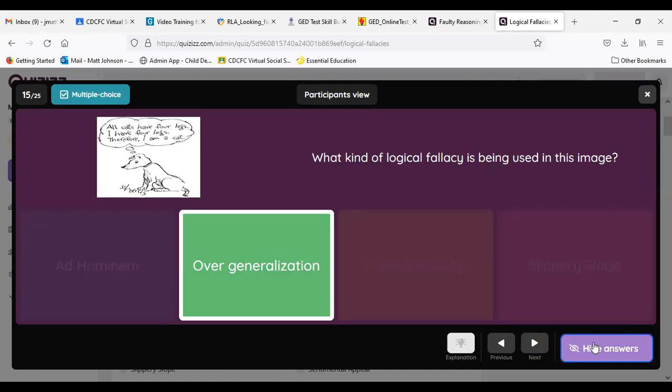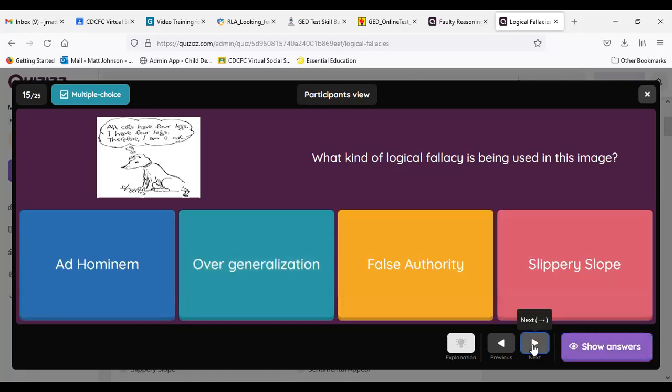Because you could just as easily have been like, if A is true, B is true. That's what I was looking at. I'm like, well, what would be the next best guess there? It's like, okay, well, this little dog's making a generalization because all cats have 4 legs, then every animal with 4 legs must be a cat. So that's an overgeneralization. It's a good job pointing that out.